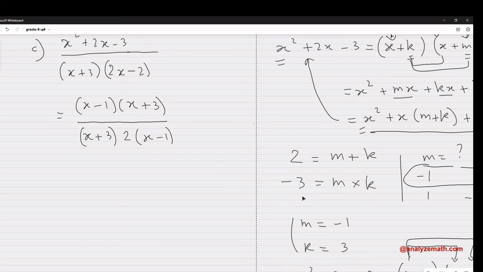Now we start simplifying, looking for the common term. The common term: x minus 1 here, x minus 1 here. When you divide, they give you 1, and then x plus 3 here, x plus 3 here. When you divide them, they give you 1. So we are left here, remember, it's not 0, it's a 1. So we are left with 1 here and 2 here, and the whole expression is 1 over 2.